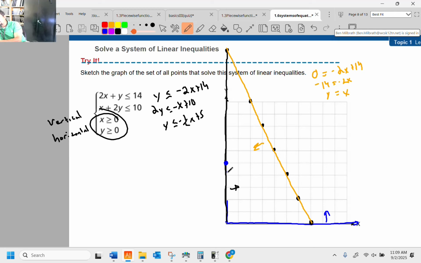That means we fall 1 and we run 2. This one is wanting you to shade. That's a less than sign, below. So our solution space is all of this territory right here.